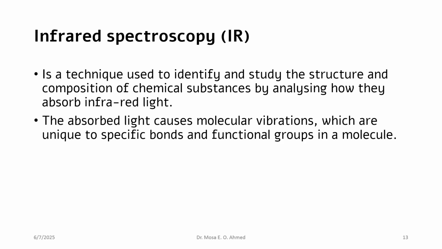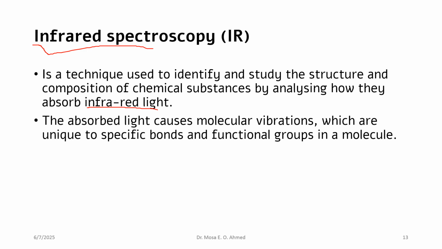Infrared spectroscopy is another type of spectroscopic technique used in identification or determination of the chemical structure of an isolated compound. IR is used to identify the functional groups present in the molecule by analyzing how they absorb infrared light.